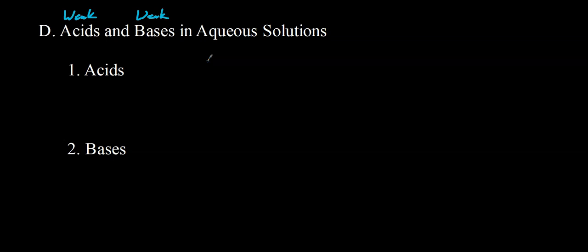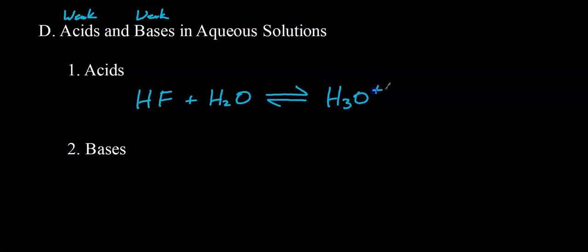So let's write an equation showing the ionization of a weak acid, that acid being hydrofluoric acid. So it does not ionize completely, and so we end up with an equilibrium system where we have H3O+ and F- ions in solution along with HF.